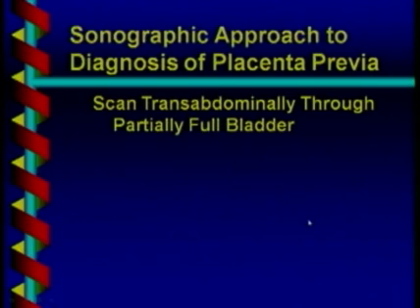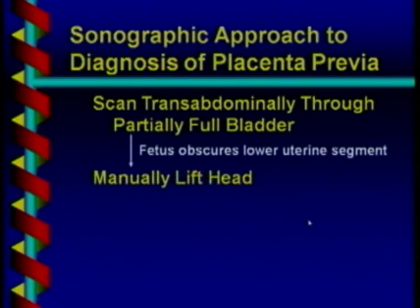So when we want to get an answer to the question of whether or not there's a placenta previa, we begin by scanning transabdominally through a partially full bladder. The partially full for the reasons that I mentioned earlier, and not a full bladder. If the baby, especially the head, obscures the lower uterine segment, try to manually lift the head.